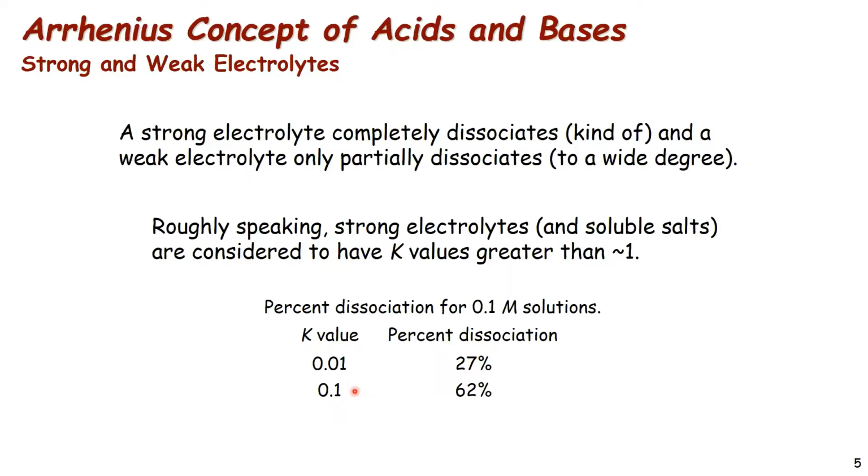If we go up to 0.1, we're at 62% of all the ions dissociating. And once you get to 1, 92% of all of the ions in that salt have dissociated.